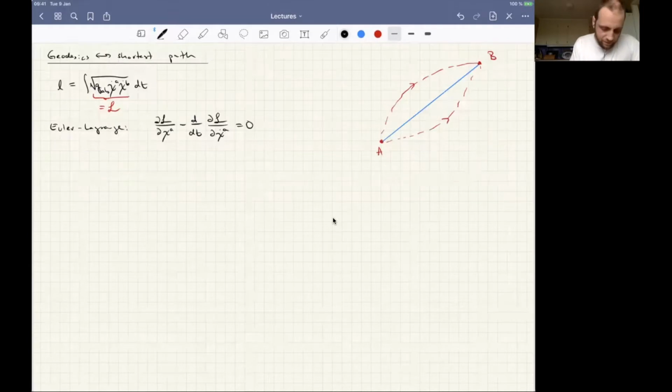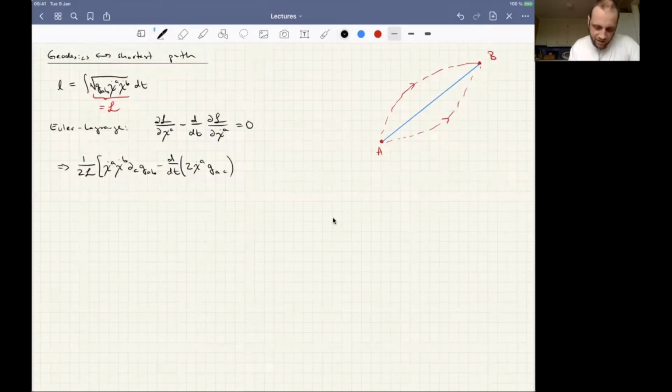let's see what we get: 1 over 2L, and then something as follows: chi dot A chi dot B, d_C of g_AB, minus d/dt of 2 chi dot A g_AC.